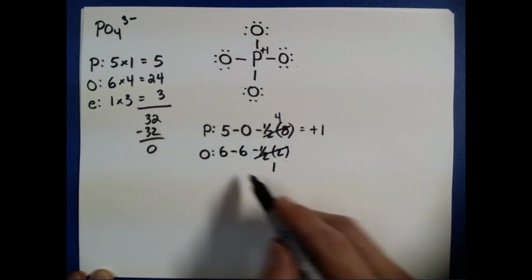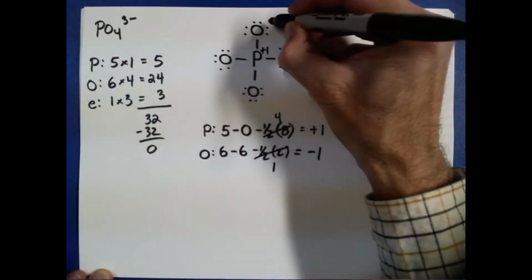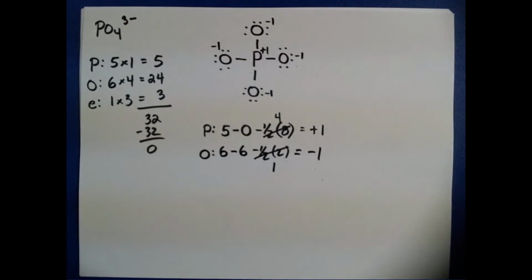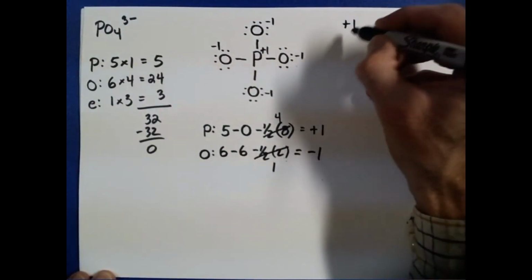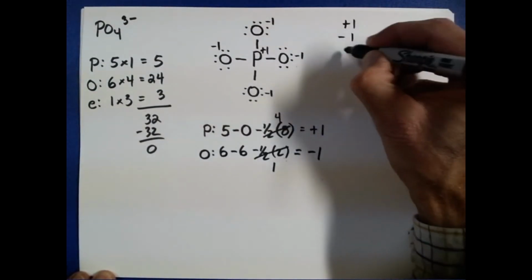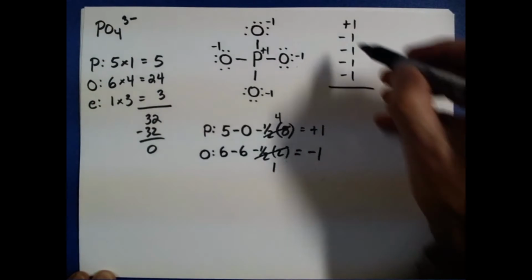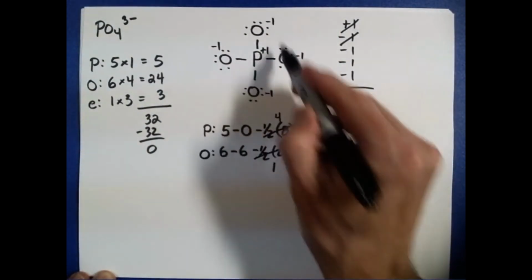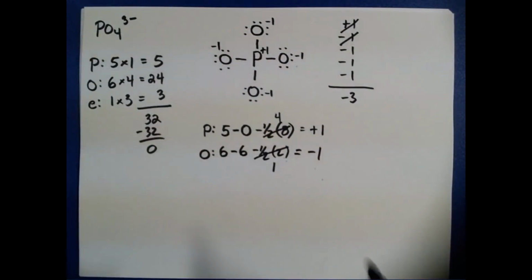Half of 2 is 1, 6 minus 6 minus 1 is -1. So all the oxygens have a formal charge of -1. And what's nice about this is if you add up the formal charges on all of the atoms, +1 for phosphorus and -1 for the 4 oxygens, we get a -3. The sum of the formal charges should always equal the charge on the molecule or the ion. And we've done that, which gives us confidence that this was done correctly.